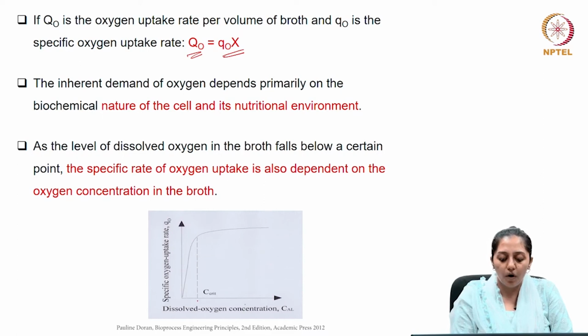Beyond the C critical value, where I have put the dot on the x-axis, the specific oxygen demand is constant, and below this value it rapidly drops almost as a linear function of the concentration of oxygen present in the medium.